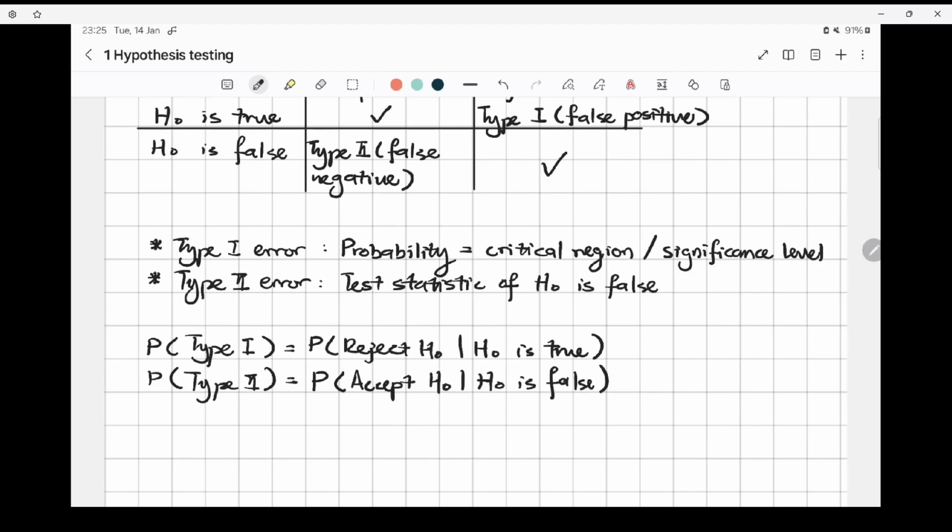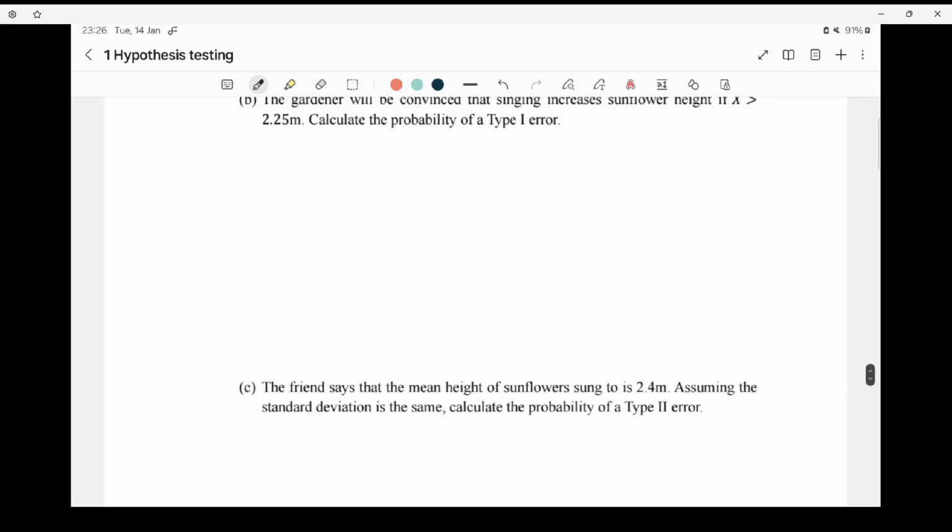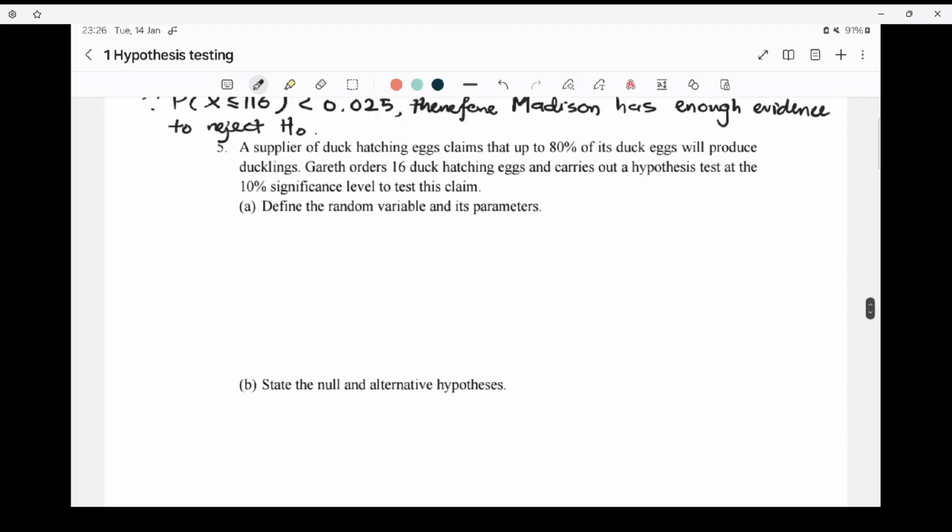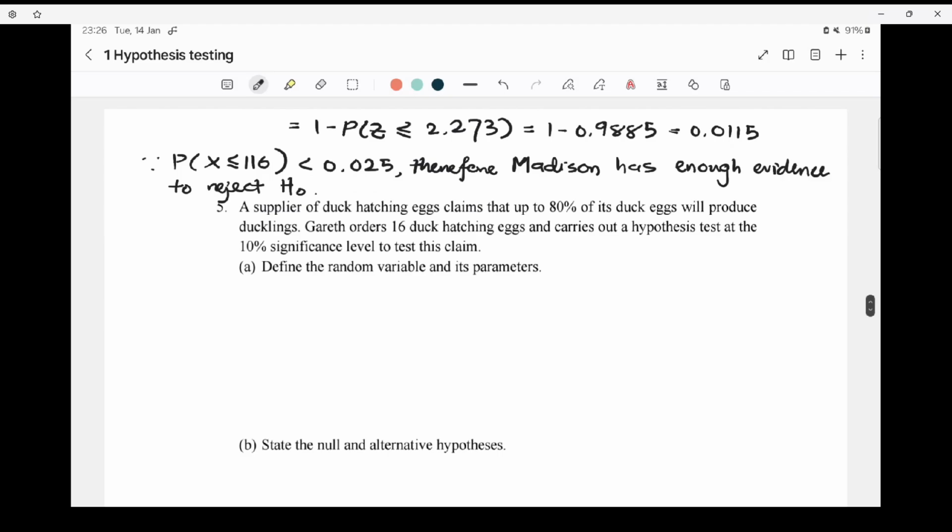So now let's look at 2 examples to calculate the probability of type 1 error and type 2 error. So the first question: a supplier of duck hatching eggs claims that up to 80% of the duck eggs will produce ducklings. So Gareth orders 16 duck hatching eggs and carries out the hypothesis test. Define the random variable and the parameter.